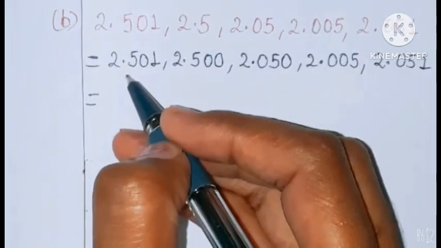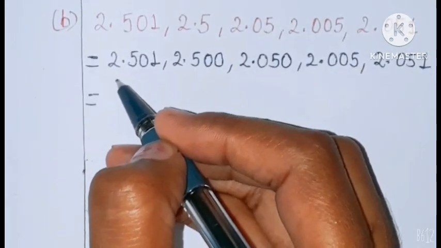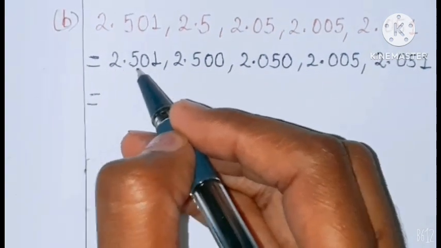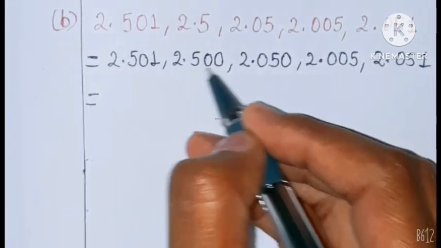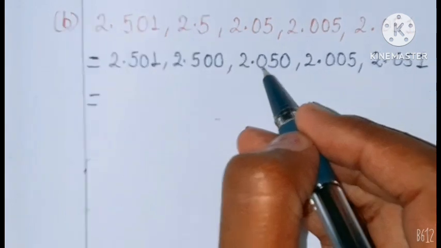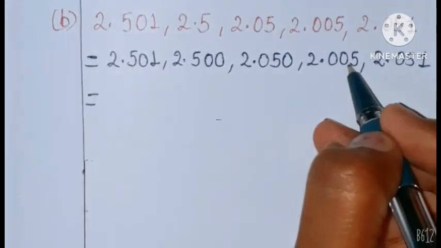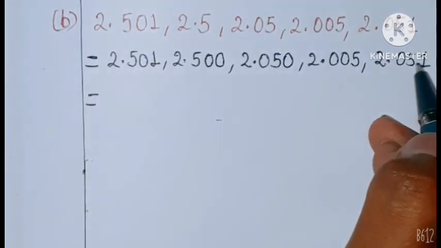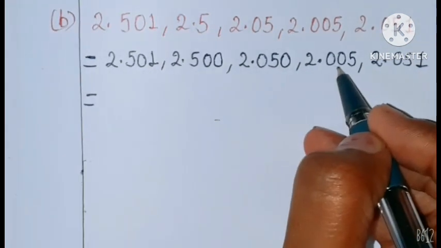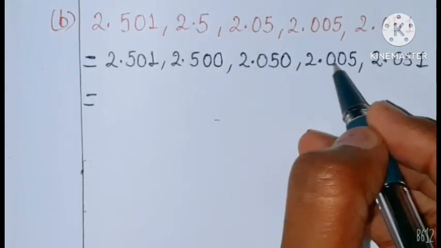So here we have to see after decimal, if I make you understand, it is 2.501, 2.500, 2.050, 2.005 and 2.051. Why did I say it is 5? Before the 5 two zeros are given.